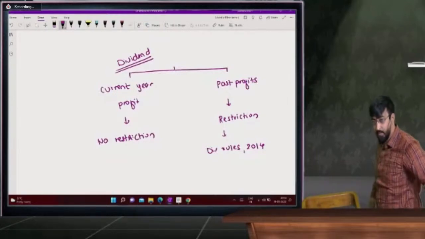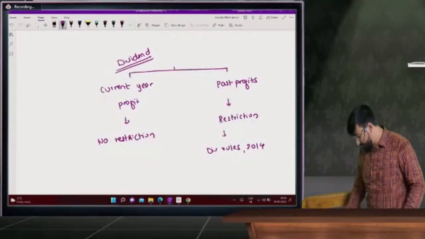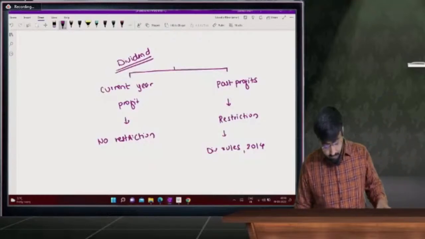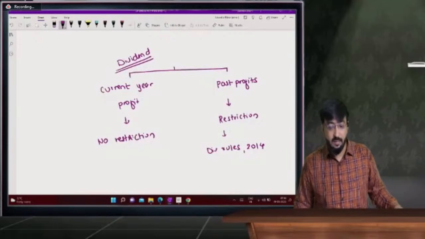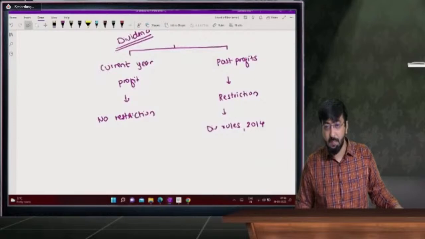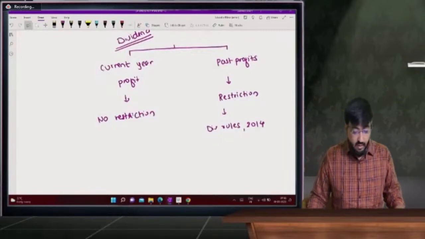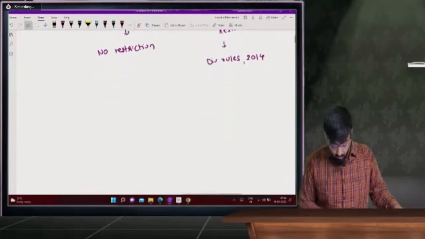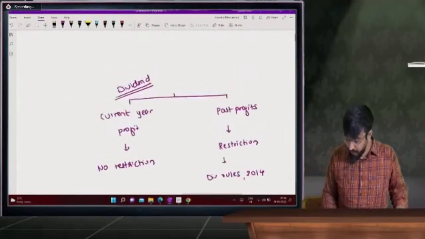Okay. So, dividend concept. As per dividend rules, in the current year profit there is no restriction. But in case of past profits, we have some restrictions. And for that, we have to understand dividend rules 2014. Now, what is condition 1? Have you written this?